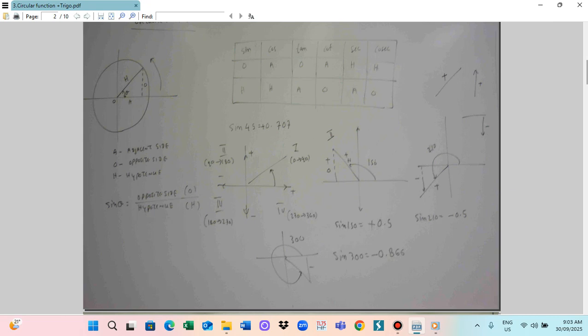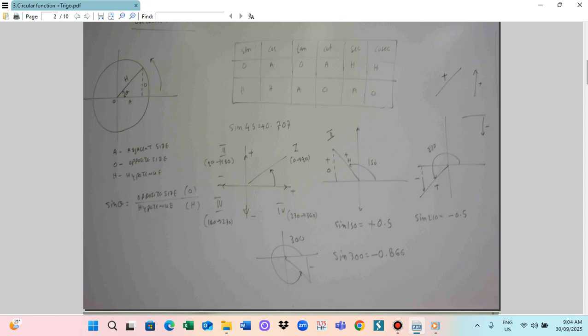Based on the trigonometric function, we can find sin theta. Sin 45: use the calculator and find sin 45. It will be 0.707. So this is sin 45 degrees. Sin 45, we draw the function here.